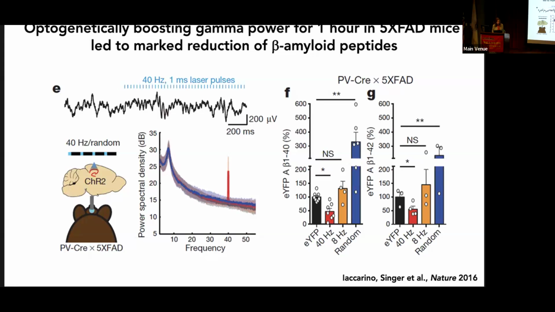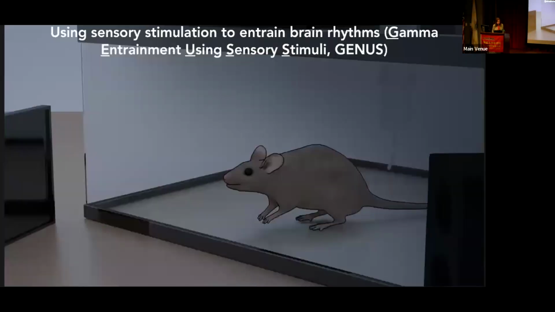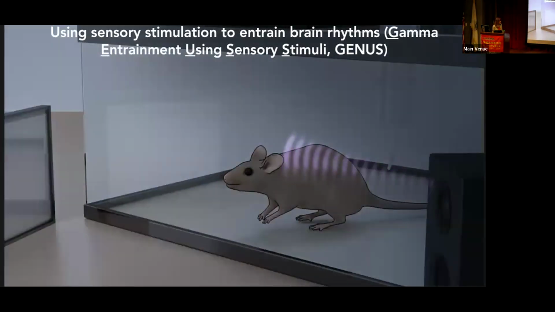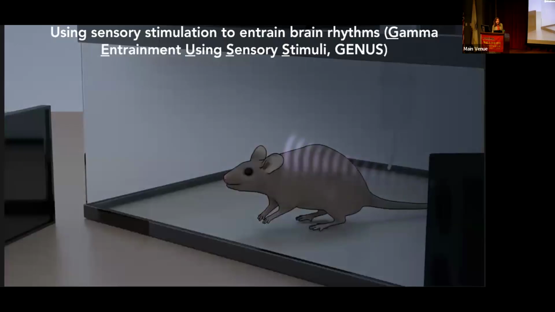So with these results, I just want to cut the story very short. Given that optogenetics is rather invasive, we eventually figured out how to use an extremely non-invasive approach to manipulate the firing patterns of neurons in the brain, basically using sensory stimulation.